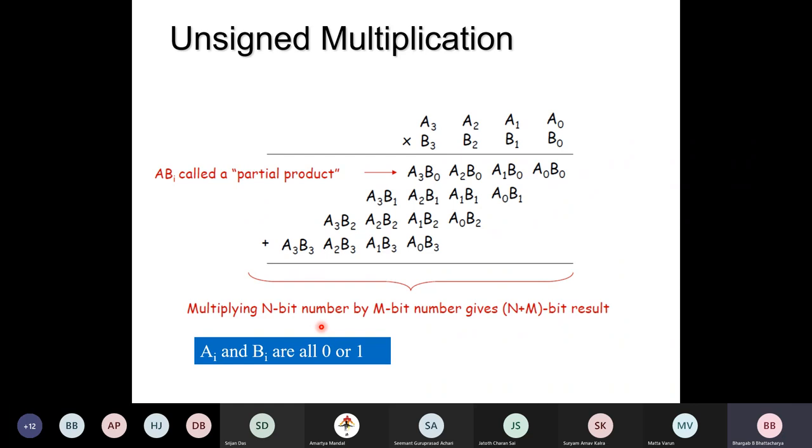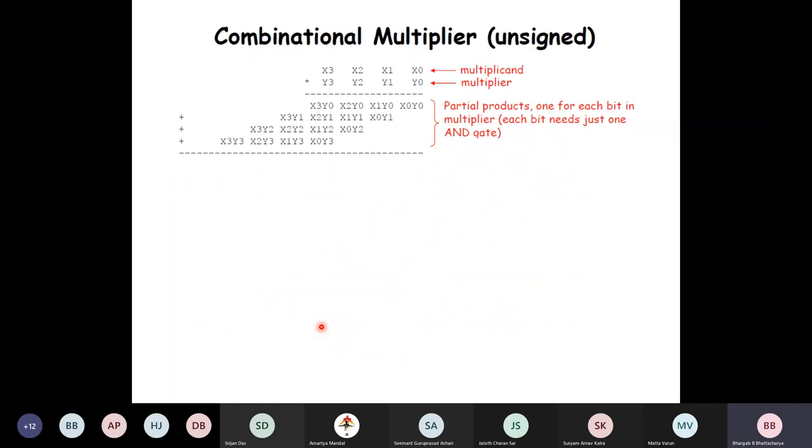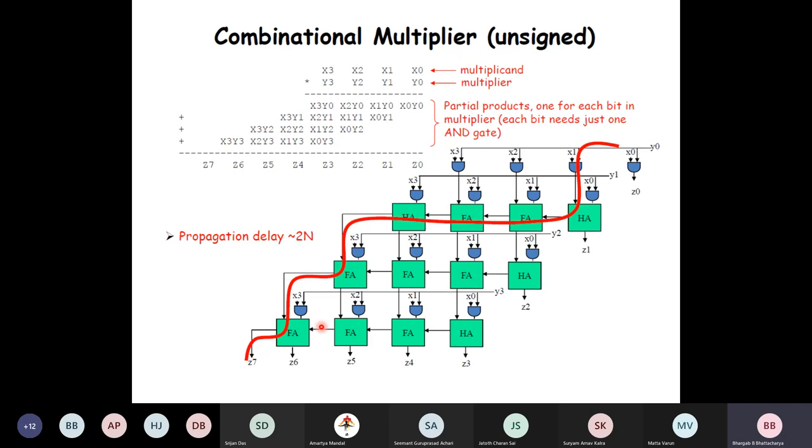Okay. So as far as the hardware implementation is concerned, all we need is an array of AND gates and then an addition process, right? And that's what you have seen in the previous class. If you have these partial products, in order to generate them I use an array of AND gates with appropriate inputs.